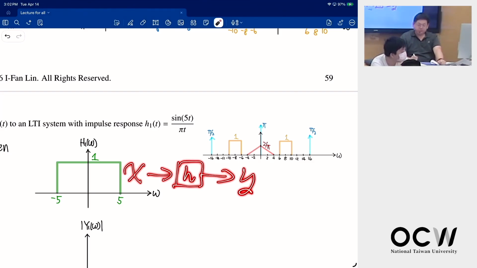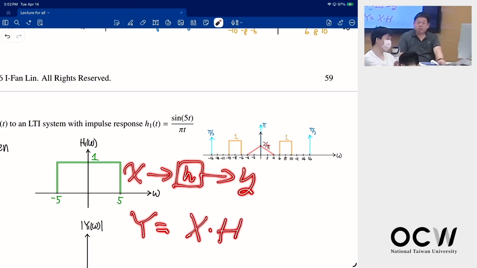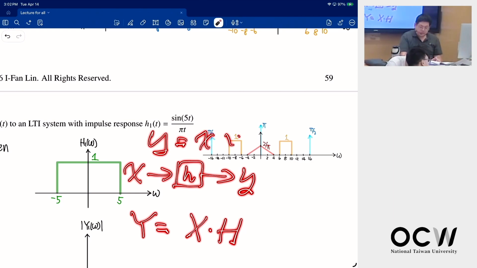Remember that in the frequency domain we do the multiplication, X times H, because in the time domain we are doing convolution.